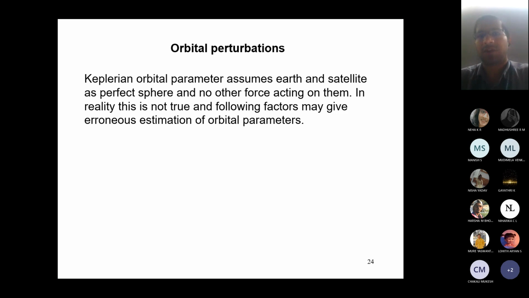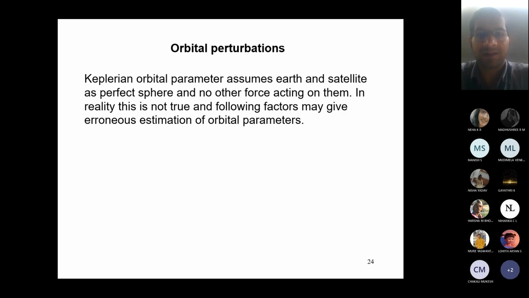using Kepler's law, whatever orbital parameters we have derived, such as velocity, time period, and all the other orbital parameters, for that we have assumed the Earth is a pure, completely spherical object, and there are no other additional effects acting on the Earth's surface or on the actual satellite.